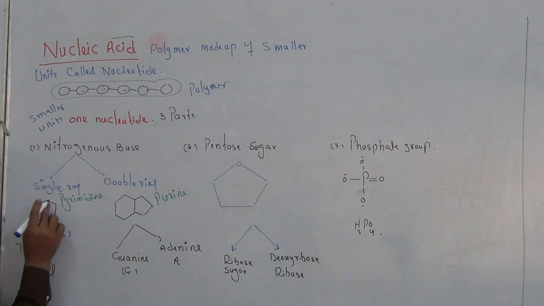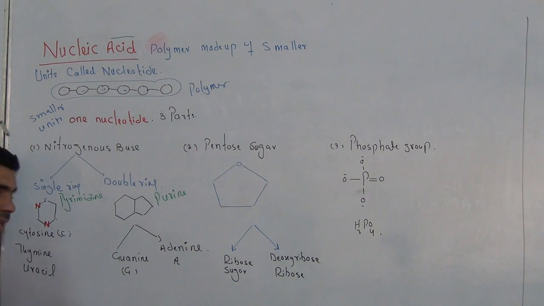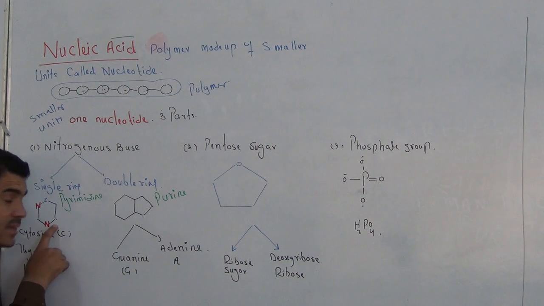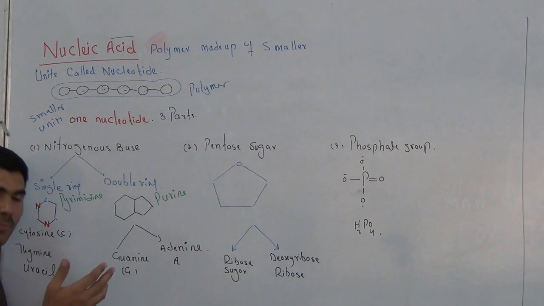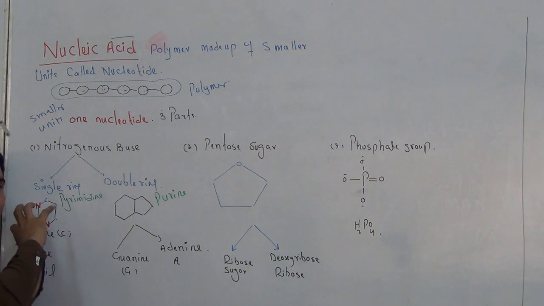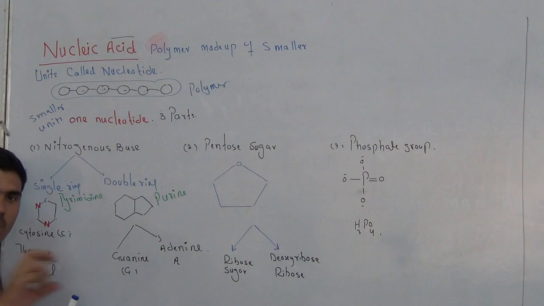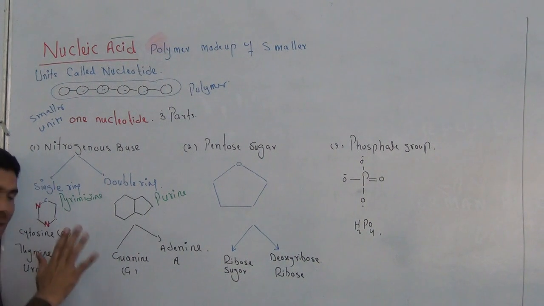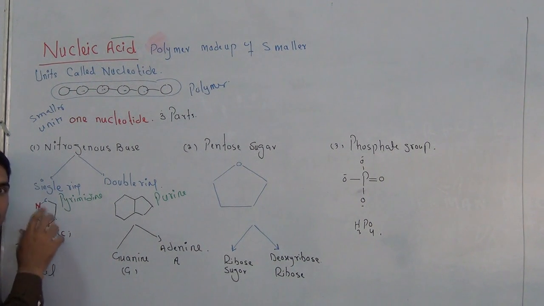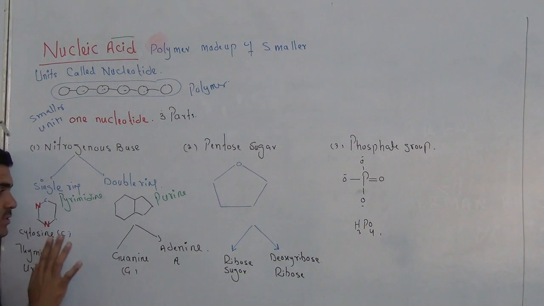So every other corner here will be carbon, and these two will be nitrogen. Here an average student can understand that this is a nitrogenous base because this compound contains nitrogen, although it is in the form of a ring rather than an open straight structure. Remember, this is a ring form of nitrogenous base. We have 2 nitrogen here.